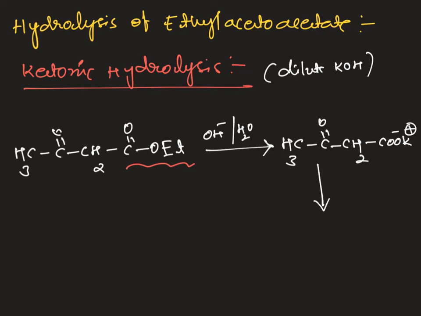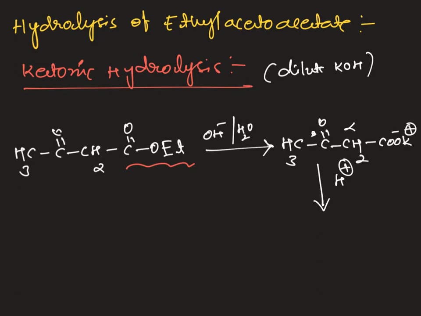After acidification, whenever we add an acid to the above salt, it will form a beta keto acid, with the keto at the beta position, and we know that beta keto compounds are highly unstable.